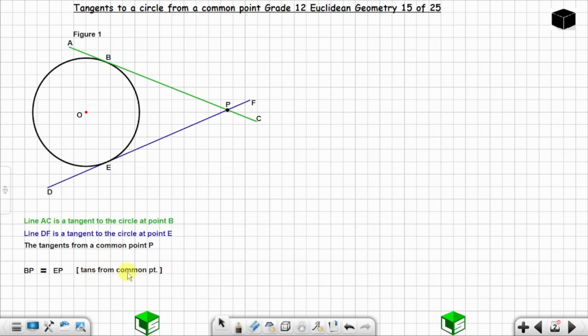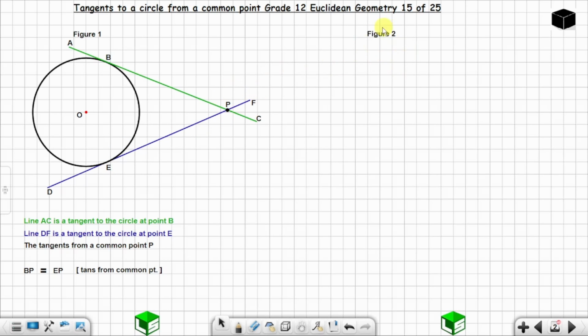So you can write your reason like this: tangents from a common point. In this example, the common point is P. So whenever you have this situation, you have to know that this distance BP is equal to EP.